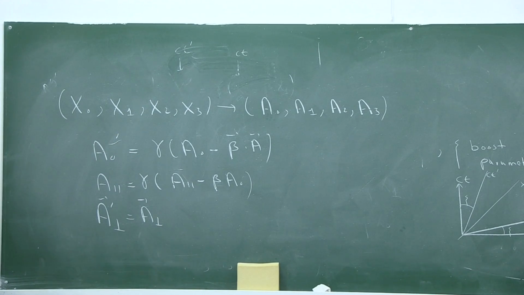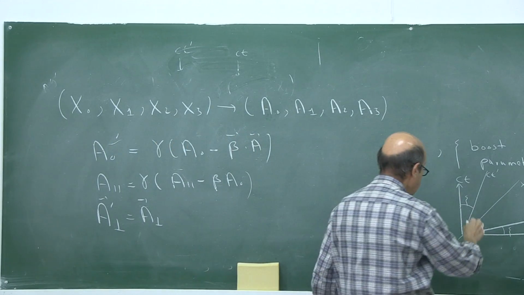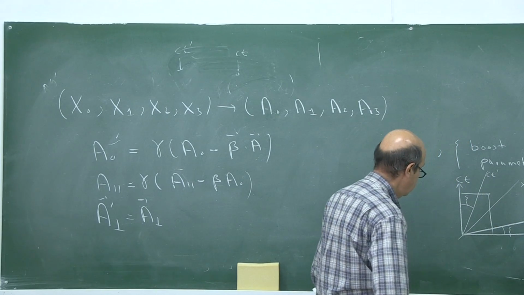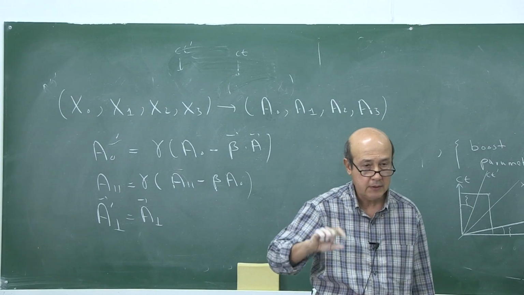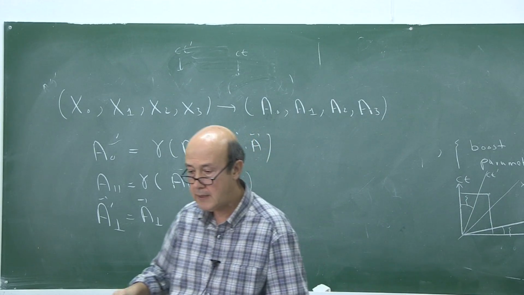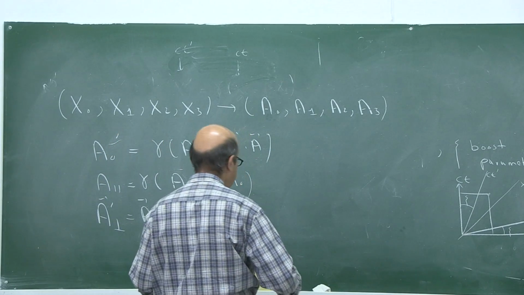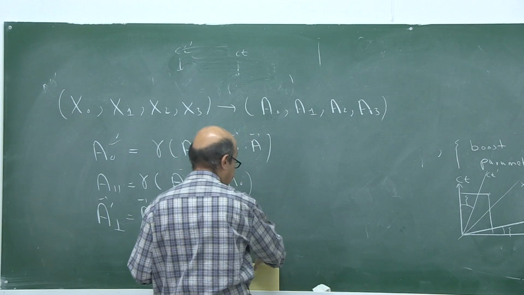So the other property is the following. If you have the length of the four vector, in any Lorentz transformation, the length doesn't change, and the length is defined in the following way. That is important. It is called a scalar product.